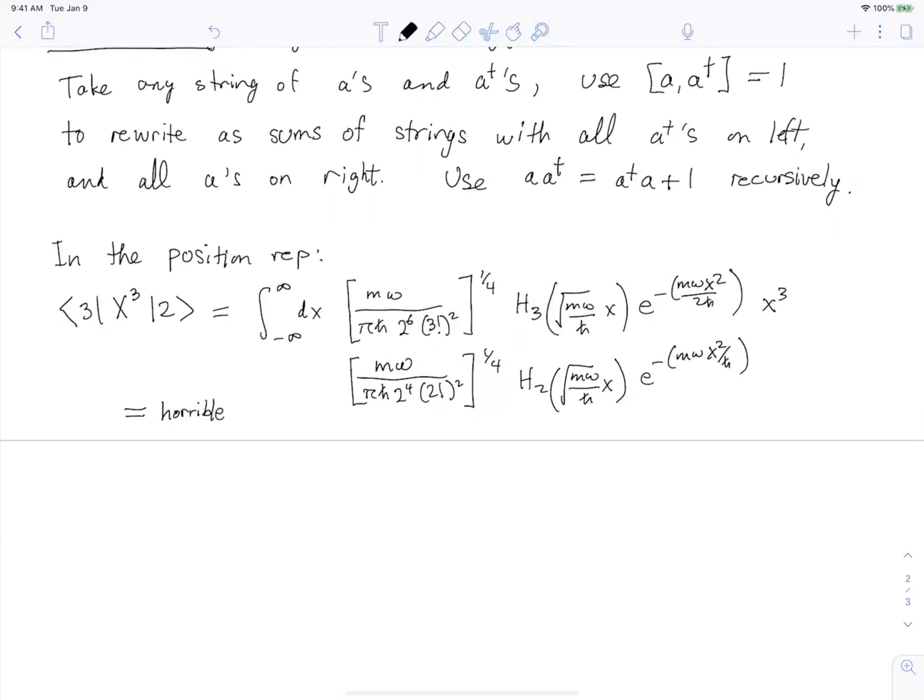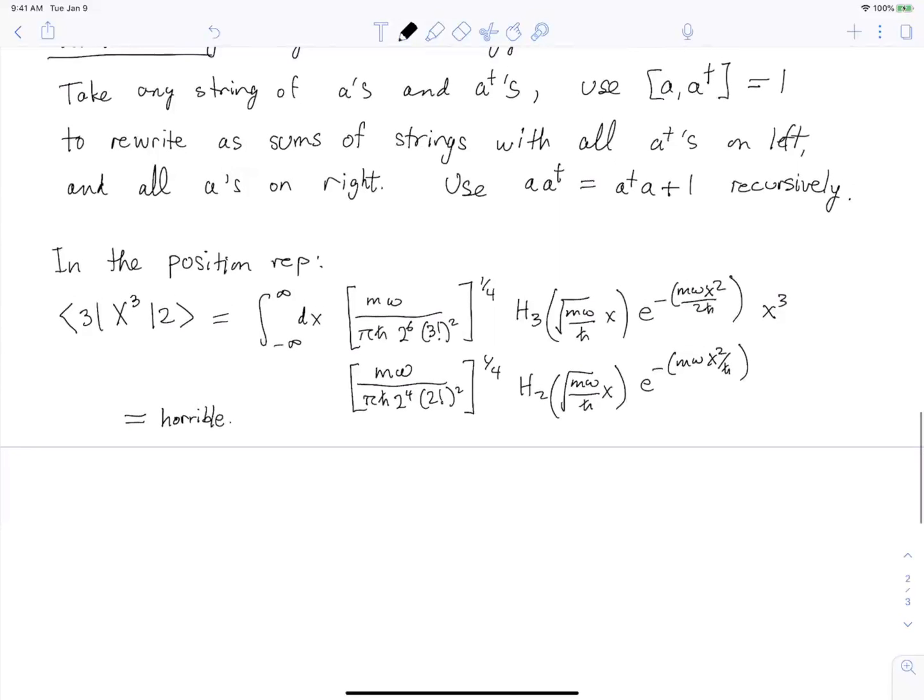And so even though in principle you could calculate the matrix element this way, it would be a very bad idea. And so specifically on homework 6, problem 4, I ask for a bunch of matrix elements. You can compute them in the position representation if you want to, but I don't recommend it unless you're really angry at yourself and you want to punish yourself for some reason.